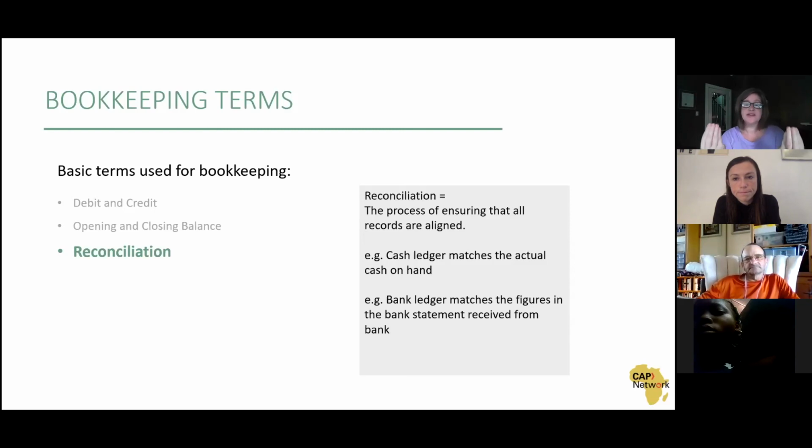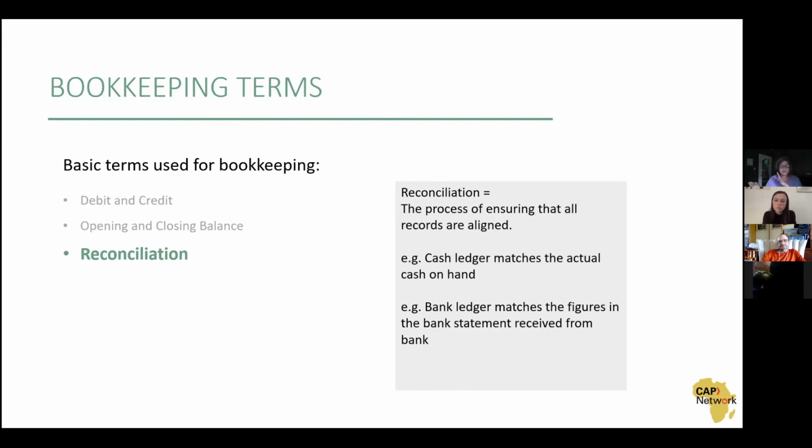Once you have all of your project records or your bookkeeping records reconciled to show that they are aligned and accurate according to, say, your bank account. This would mean also for any cash account, that after you do your bookkeeping and accounting of all of your debits and credits, the closing balance in your cash account should equal the actual amount of cash that you have available in your cash supply.